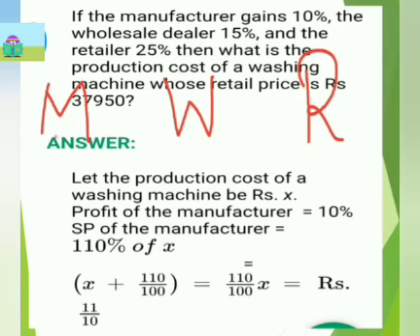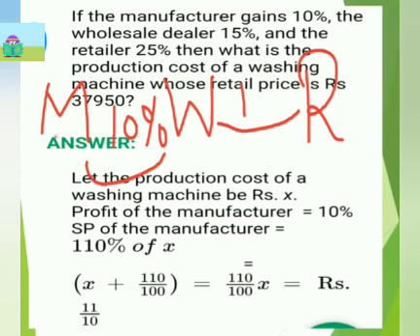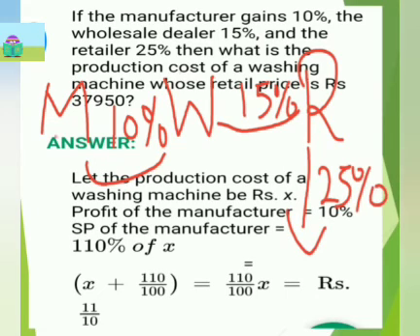So it is given here that the manufacturer is gaining 10% by selling that washing machine to the wholesaler. Now the wholesaler is gaining 15% when he sold it to the retailer, and the retailer kept a margin of 25% and sold the washing machine at rupees 37,950.